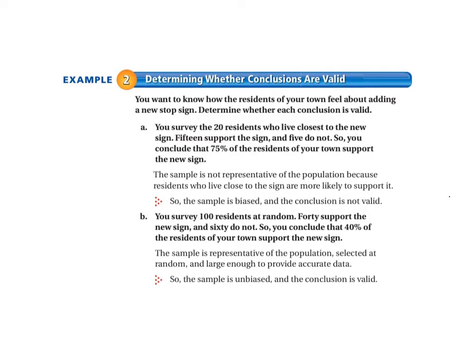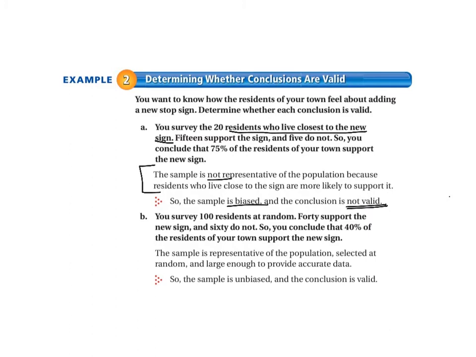So remember, we only surveyed the residents who live closest to the new sign. So our conclusion is the sample is not representative of the population because residents who live close to the sign are more likely to support it. So the sample is biased and the conclusion is not valid.